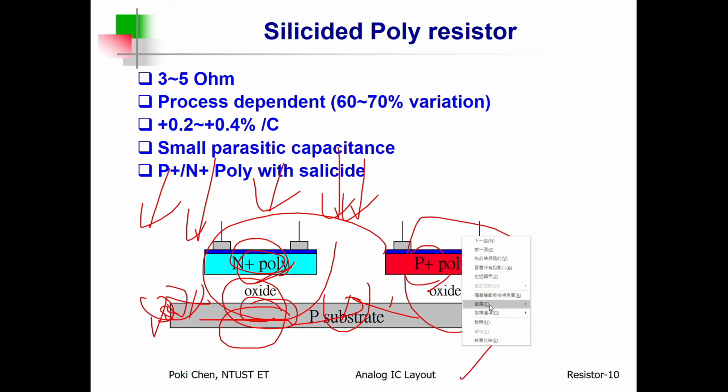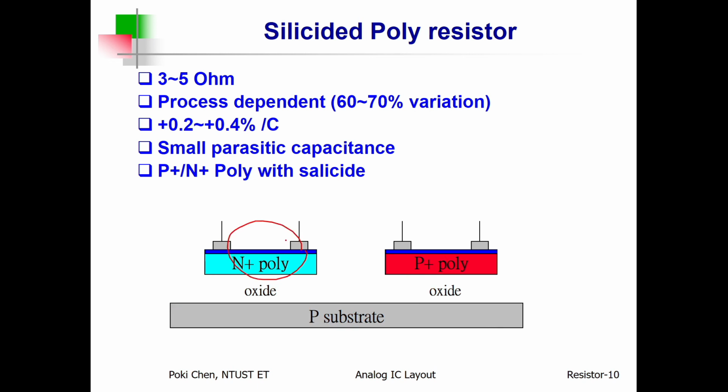And similarly, it will become N+ after N-type doping or implantation in NMOS area. This is the reason why we have such kind of N+ poly and P+ poly.